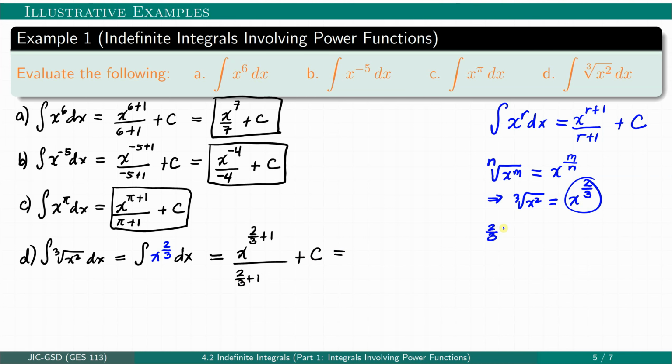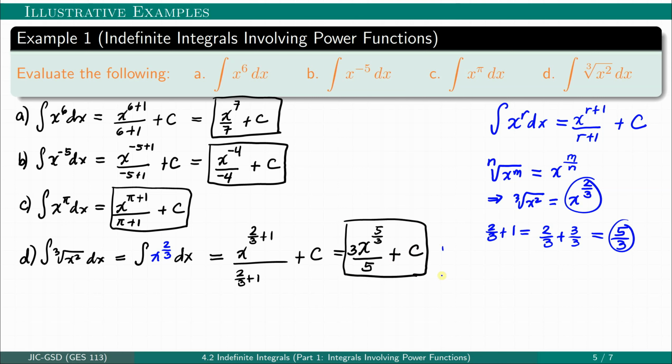But 2/3 plus 1 is the same as 2/3 plus 3/3, and this will just be 5 divided by 3. So we can write our final answer as x raised to 5/3 divided by 5/3, but 5 will remain in the denominator and 3 will go up, plus a constant c.